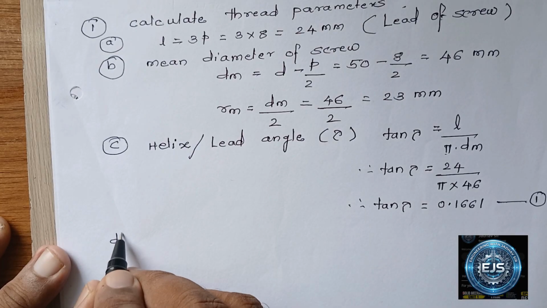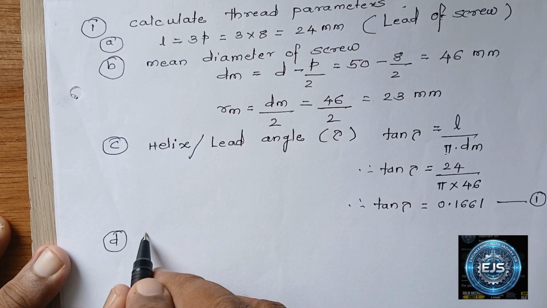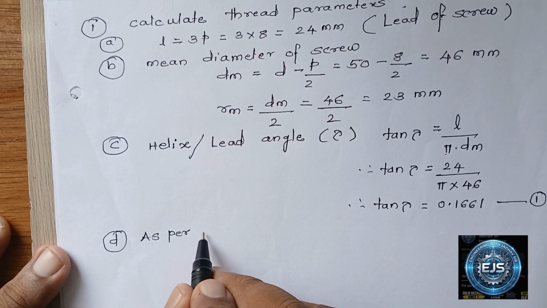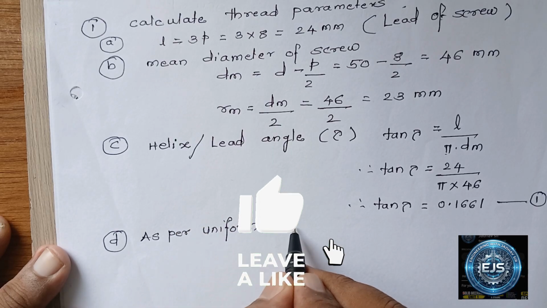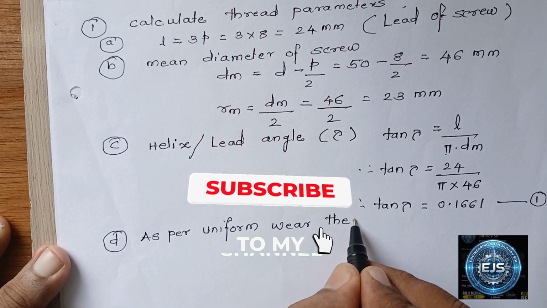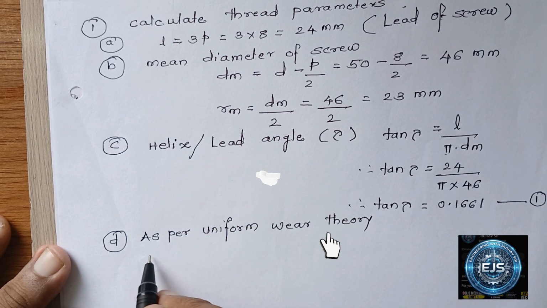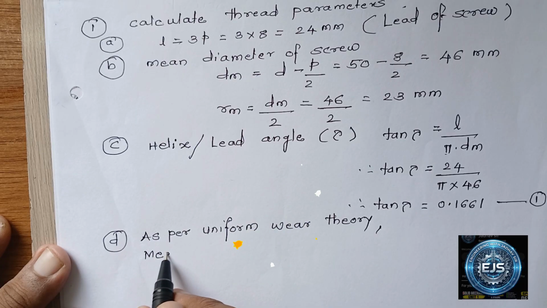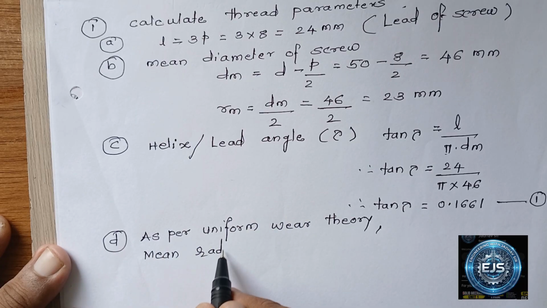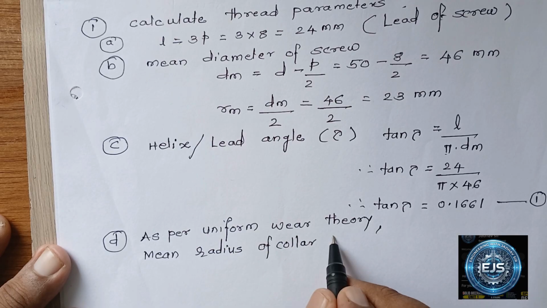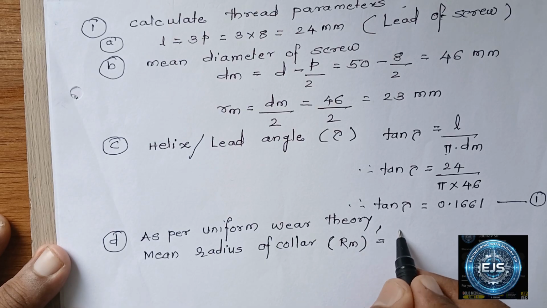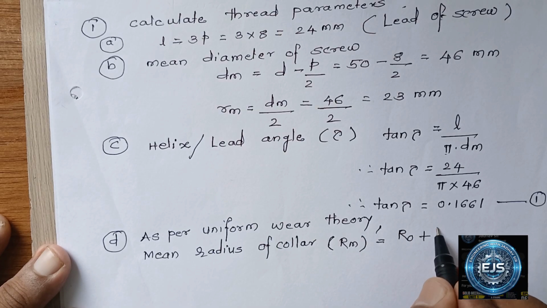Then we have to calculate, as per uniform wear theory, mean radius of the collar. As per uniform wear theory, यहाँ प्रॉब्लम में हमें यूनिफॉर्म वियर थ्योरी यूज करने के लिए बोला है. तो इस थ्योरी के हिसाब से मीन रेडियस ऑफ द कॉलर इज गिवन बाय RM is equal to RO plus RI divided by 2.